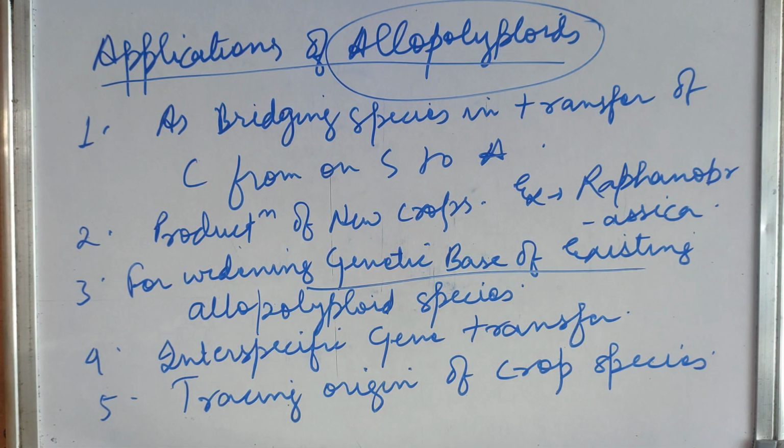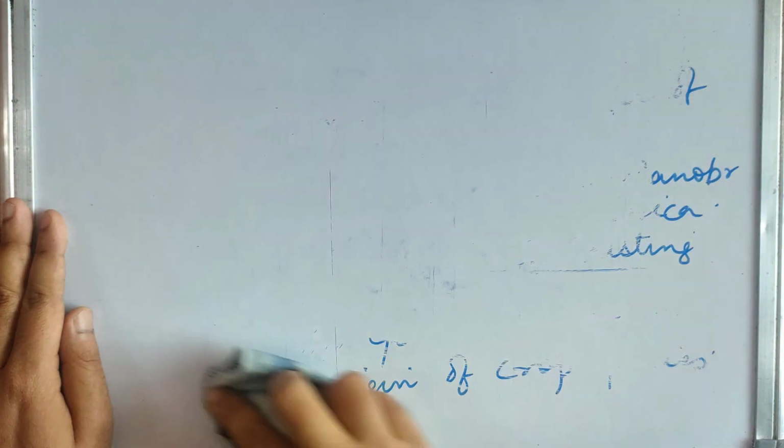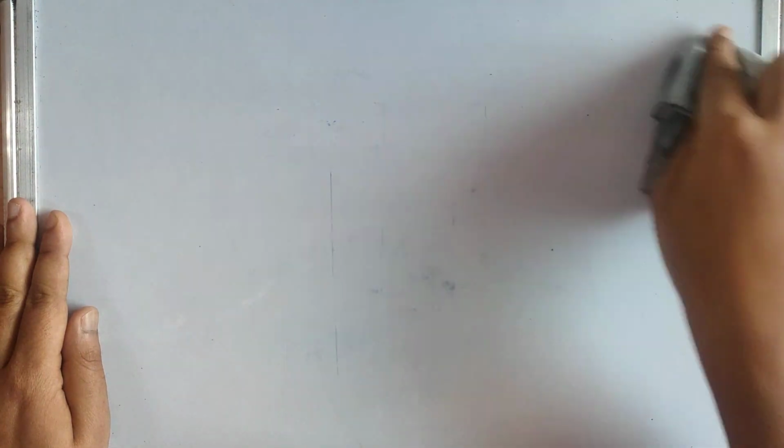Now we will move on to the next topic, that is usage of autopolyploidy in crop improvement.